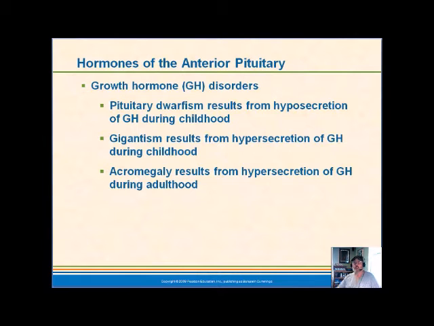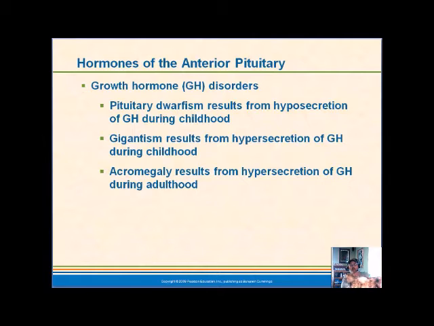Now, some growth hormone disorders that occur are pituitary dwarfism, which results when you have an insufficiency or hyposecretion of growth hormone during childhood. Gigantism results from hyper or excess secretion during childhood.